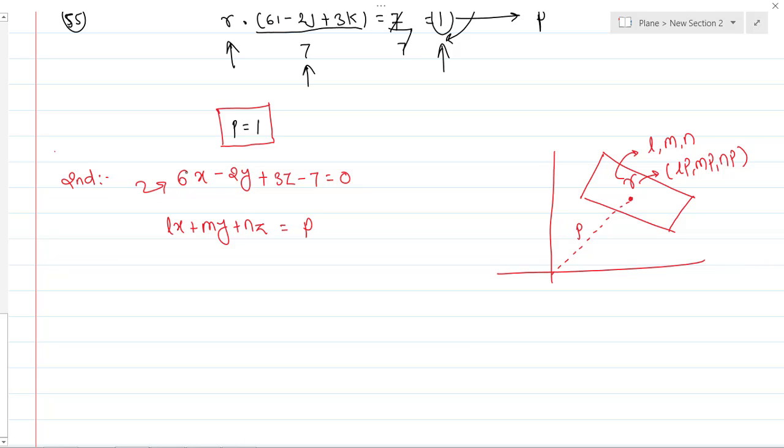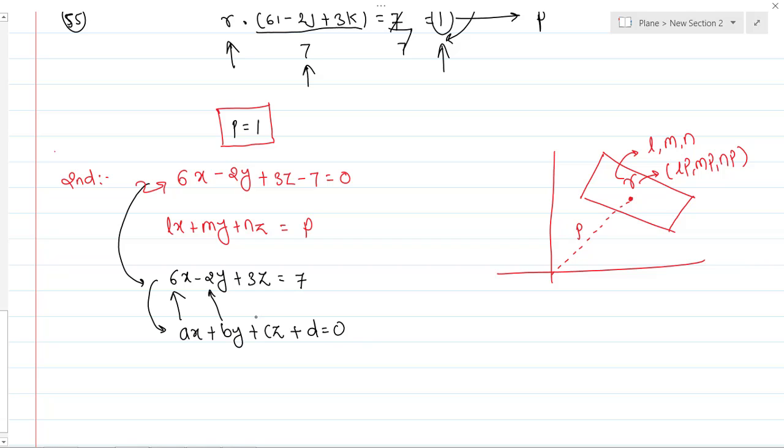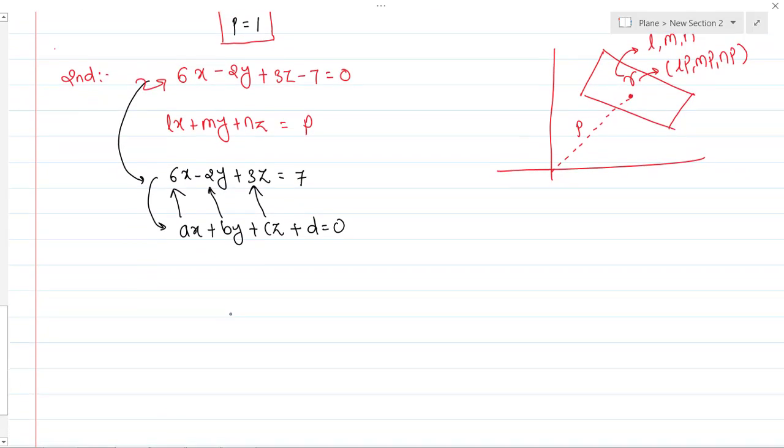So in the given equation, 6x minus 2y plus 3z equals 7. If I compare this equation with the standard equation ax plus by plus cz plus d equals 0, a, b and c indicate the direction ratios of the normal vector.